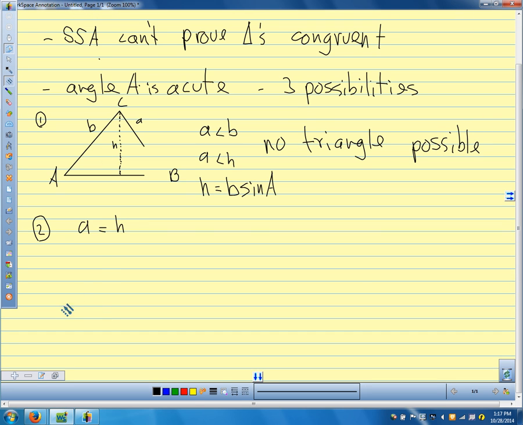So then my triangle looks like this. And this is A, this is a, this is b. What kind of triangle would this be if a equals h? We get a right triangle.